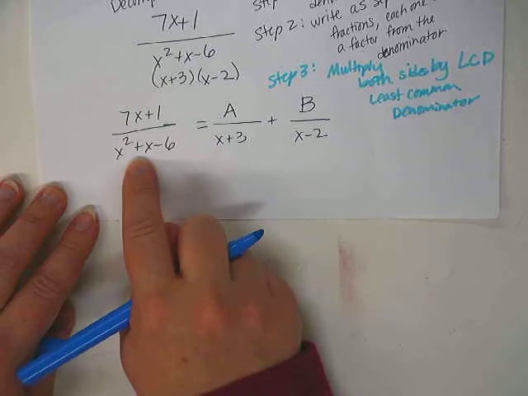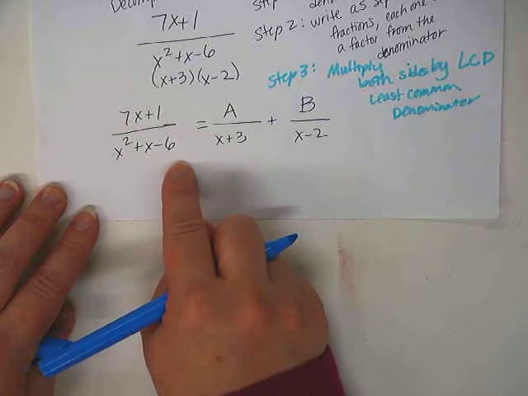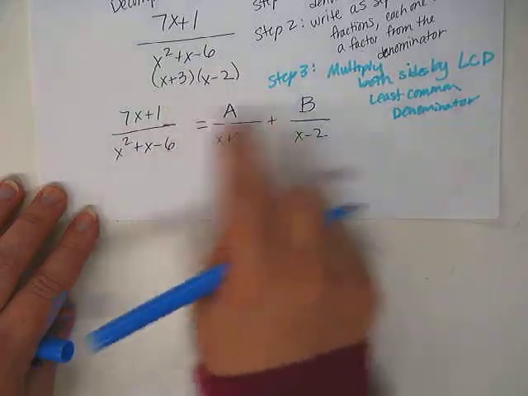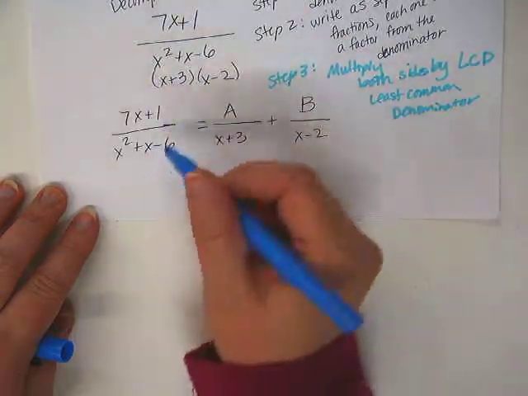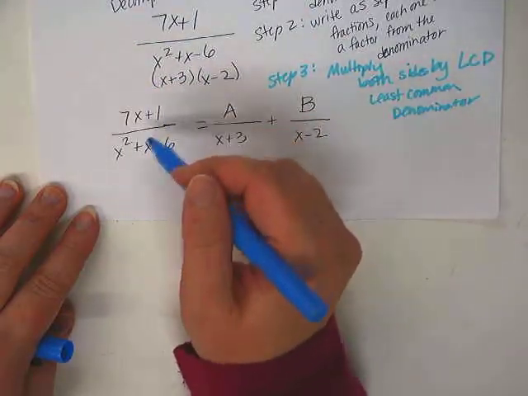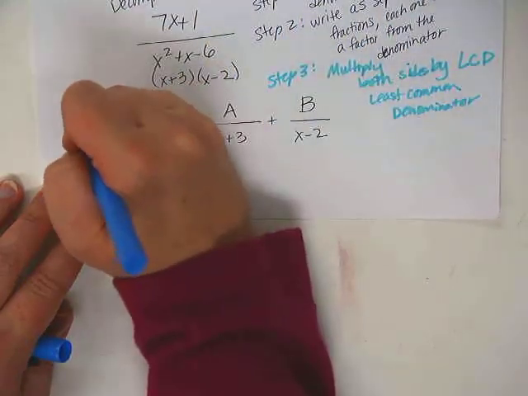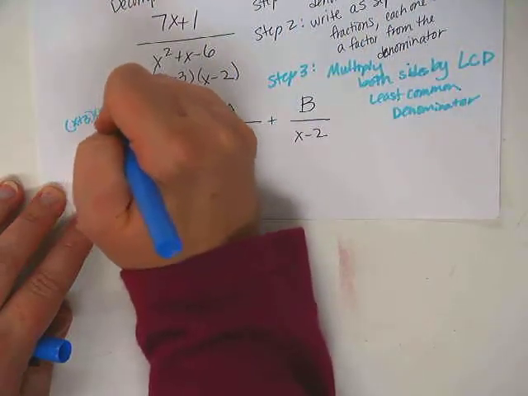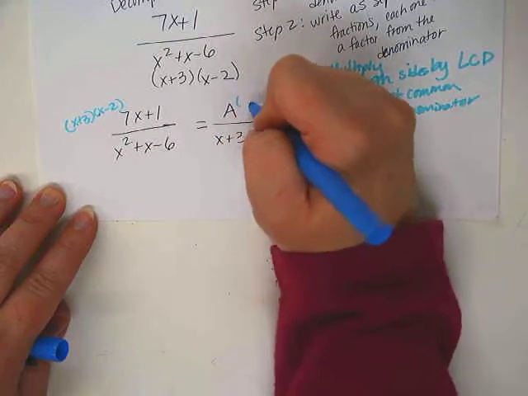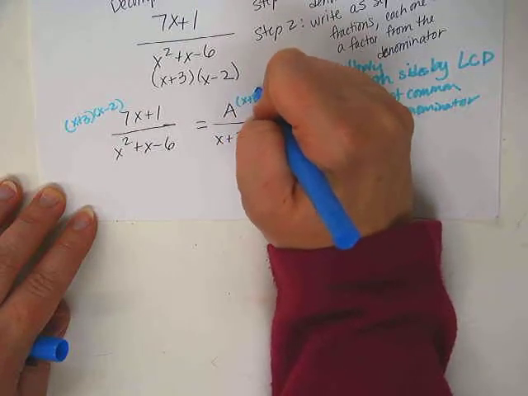Hello? It's this entire thing, right? x squared plus x minus 6. But the factored version would be easier. Anyway, I probably should have just rewritten this as the factored one, but it doesn't really matter. Okay, so I'm multiplying both sides by x plus 3 times x minus 2.